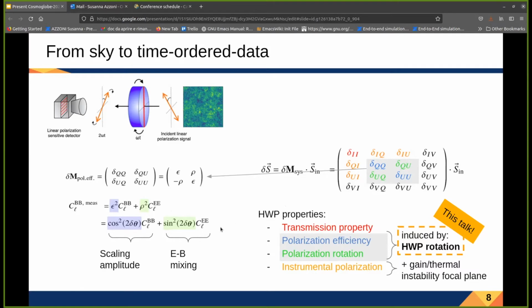And in the power spectrum, we see that these systematics have the effect of reducing the polarization map by a global factor and introduce an E to B leakage at the power spectrum level here, which is visible analytically. And so we use this rho term to characterize the polarization rotation, and then this epsilon term for the reduction of efficiency of polarization.